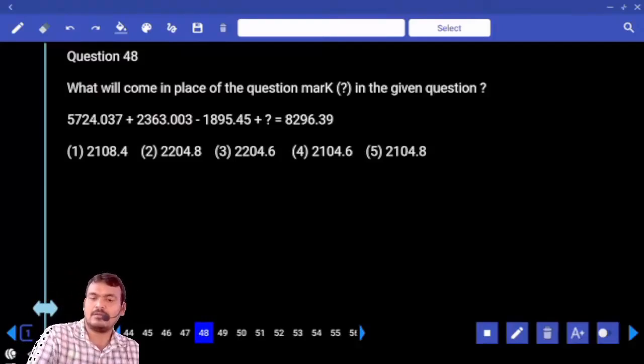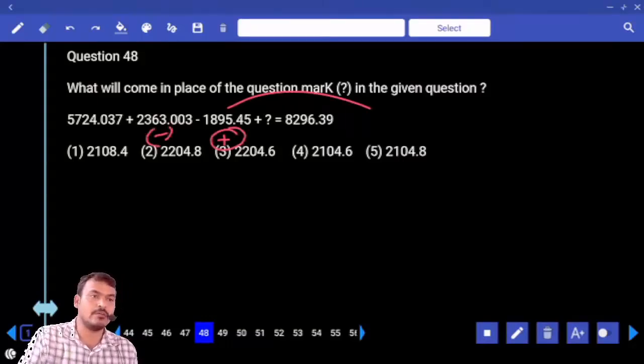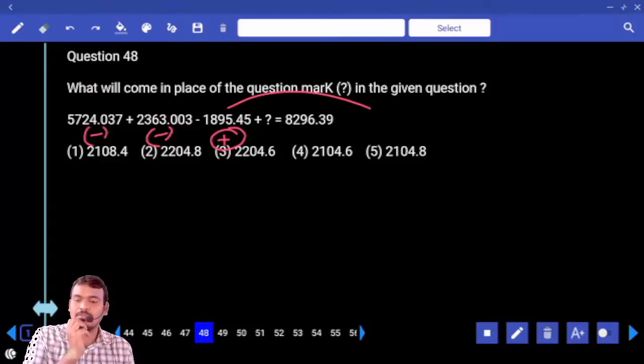What is the right? Left hand side negative value, it will become positive value or not? Next left hand side positive value, it will become negative value. Next left hand side positive value, it will become negative value or not? Okay. First 2 values are negative, third one is positive value or not? Okay. Then adding. What are the last 2 digits of every value?